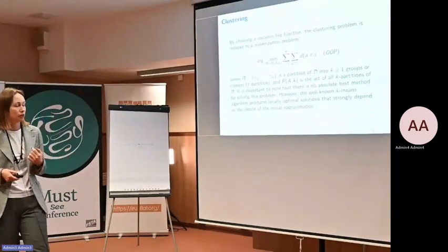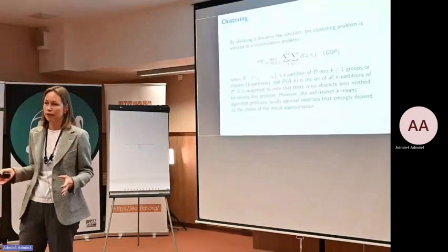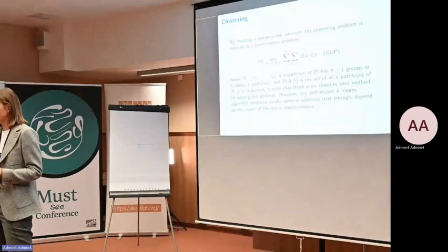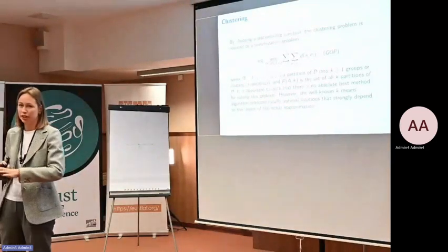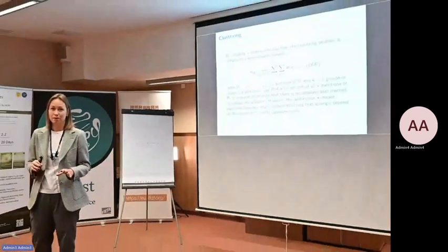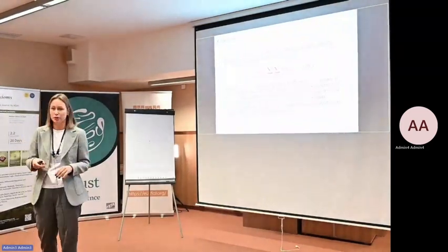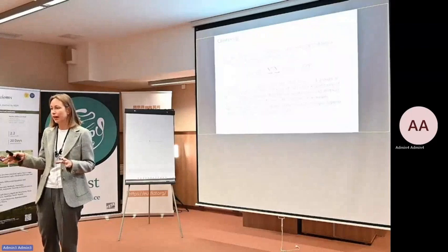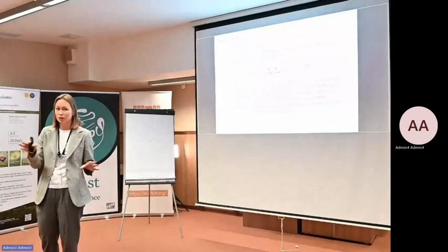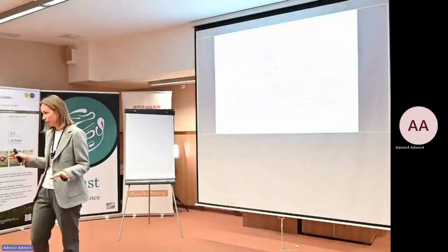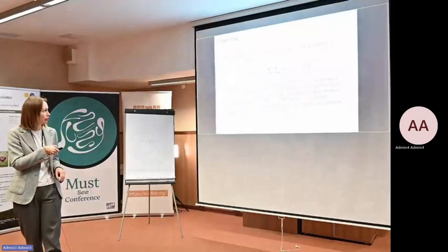And what we are doing: we have our set D of elements, and we make different partitions into k groups. So we just divide all the elements into k groups, and I call these partitions. So we make all the different partitions, and then we calculate this value.